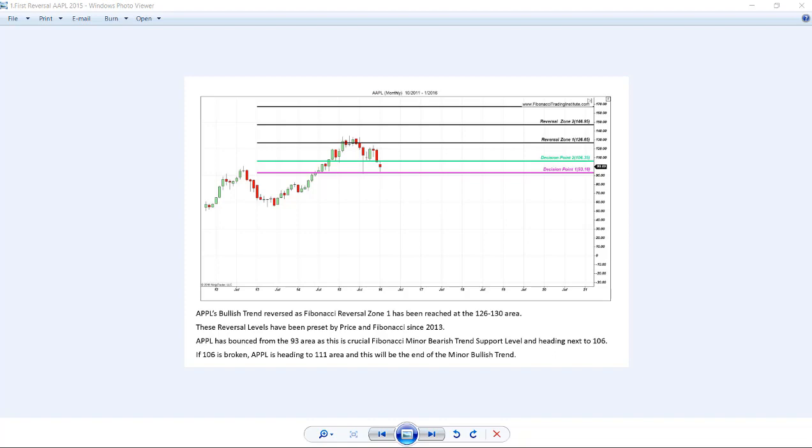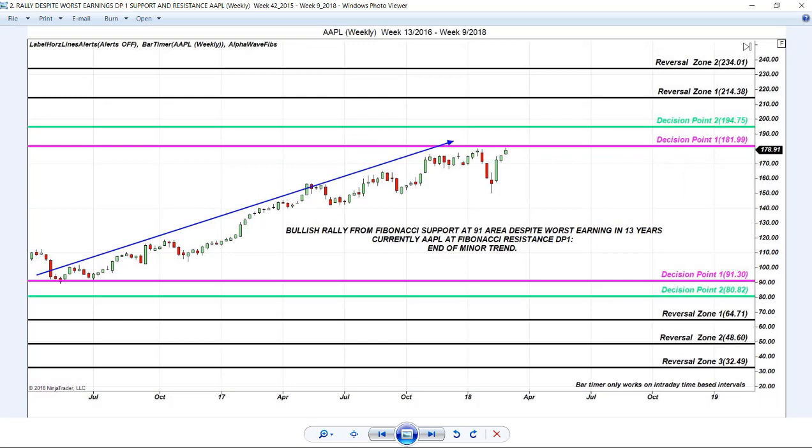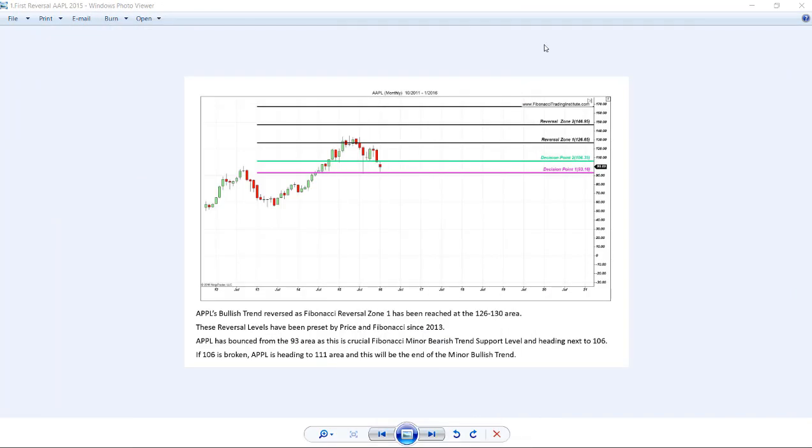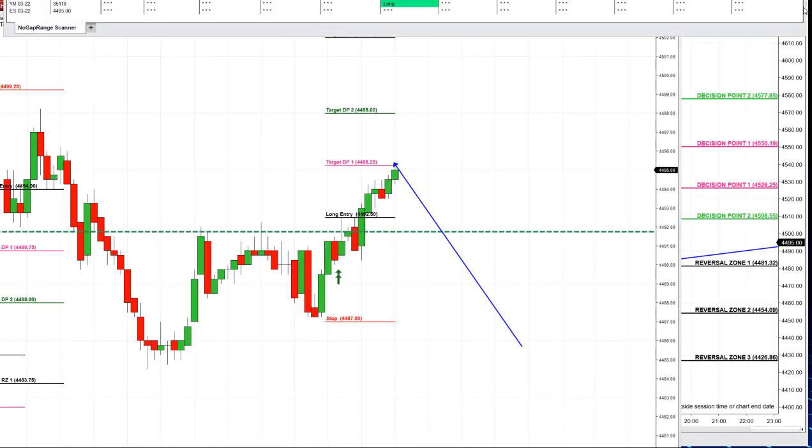Did Apple collapse? Absolutely not. Apple doubled in value, reaching this level, 181. It's the exact same thing, an identical level, where S&P is now. Apple doubled in value. S&P is testing this level in the live markets now.